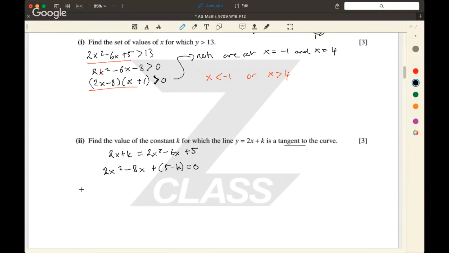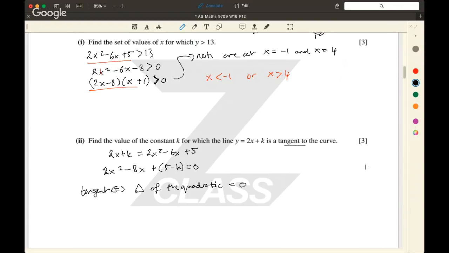And what is the requirement for a tangent? Well, tangent is the same thing as saying that the discriminant of the quadratic that we form by setting them equal to each other is equal to 0.